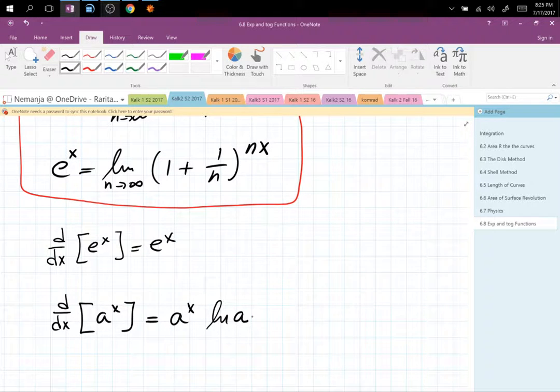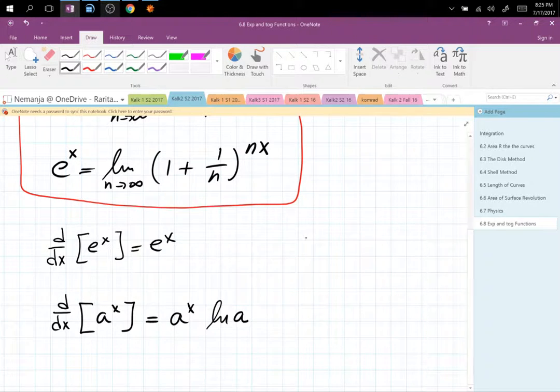But then you would say, well, these are just basic functions. What happens if I have e to the sine x, or 3 to the sine squared x, or something like that? So how do I deal with more complex situations?